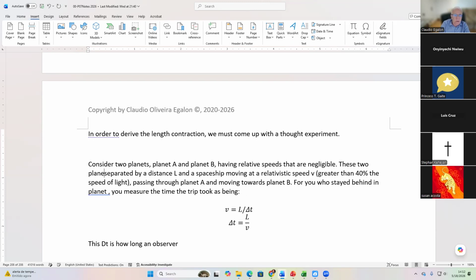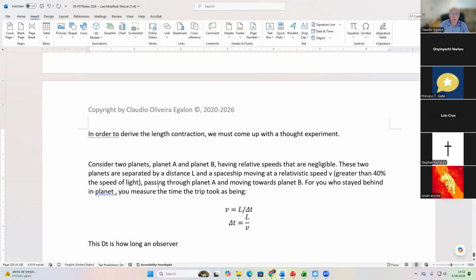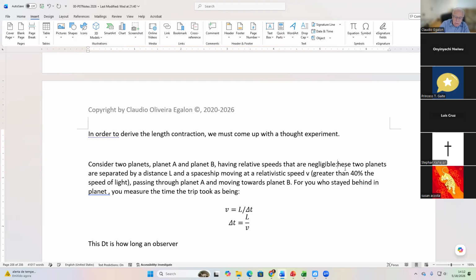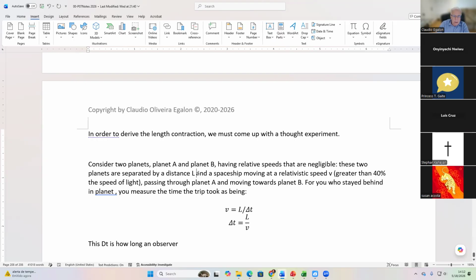Two planets are separated by distance L, and a spaceship moving at a relativistic speed v is passing by planet A and moving towards planet B.